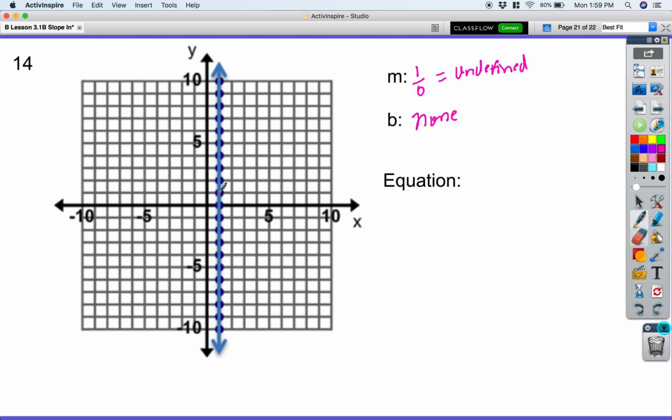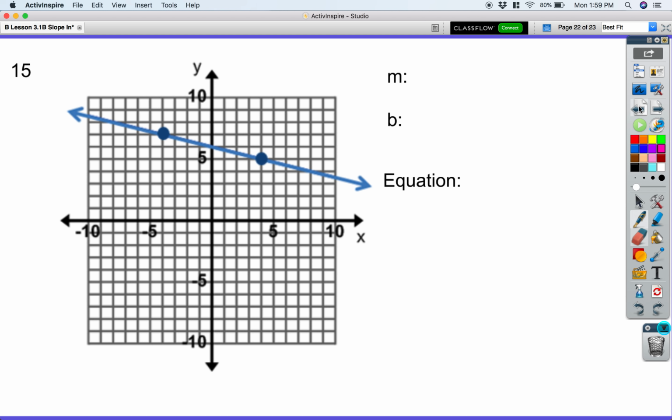This is 1, 1, 1, 2, 1, 3, 1, 4, 1, 5. And I hope you guys notice that those points, what is always the same? It's the x value. The x value always stays the same, and the x value is always 1. Okay? I know I messed up explaining that last part, but hopefully it makes sense.